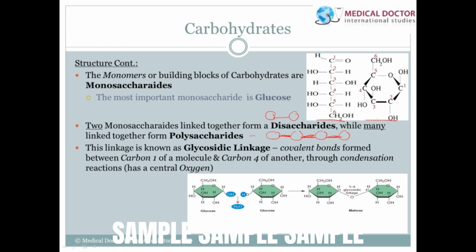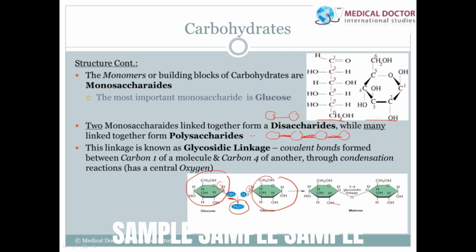The way it's done is that we take one monomer, this glucose monomer that you see down here. It has an OH group hanging off its carbon number 1. Here is carbon 1, right here. And it reacts with the carbon number 4 of another glucose monomer, and H2O is removed.